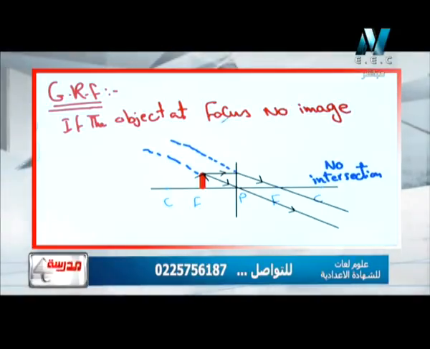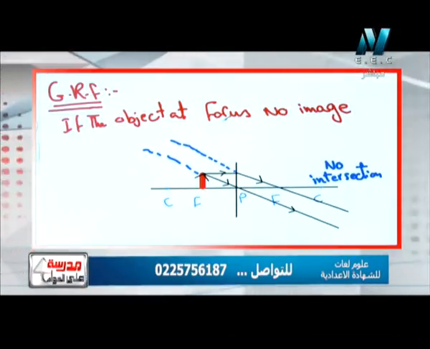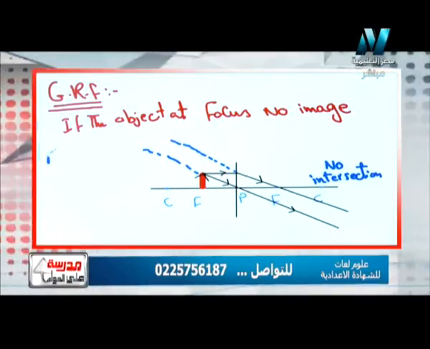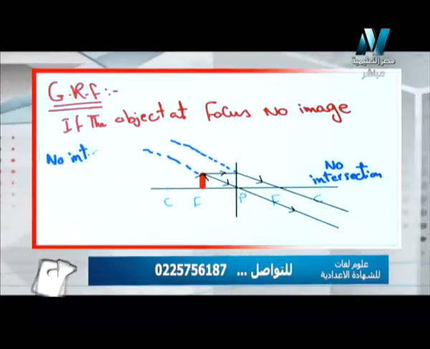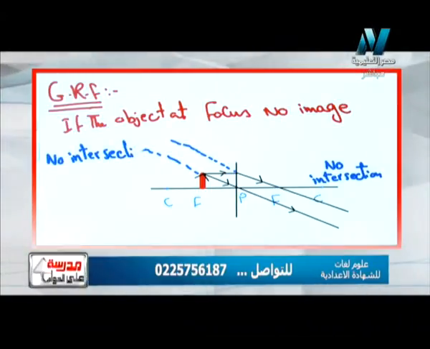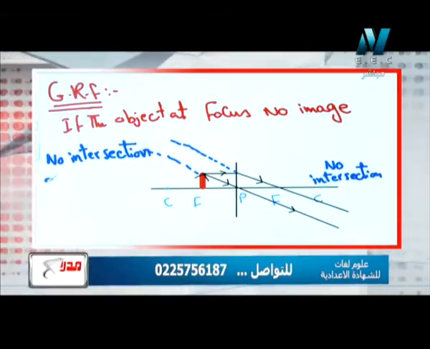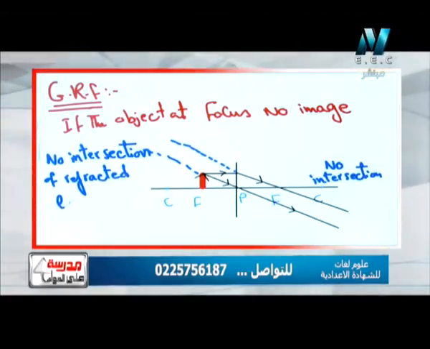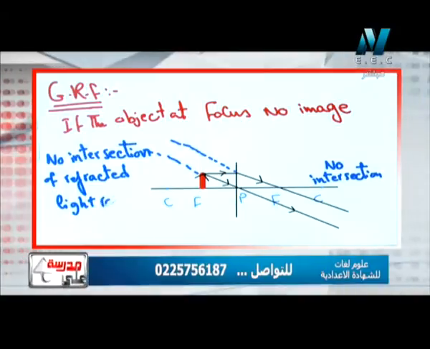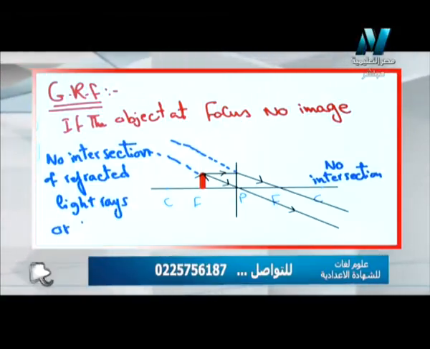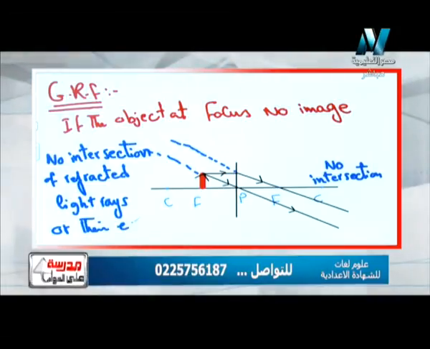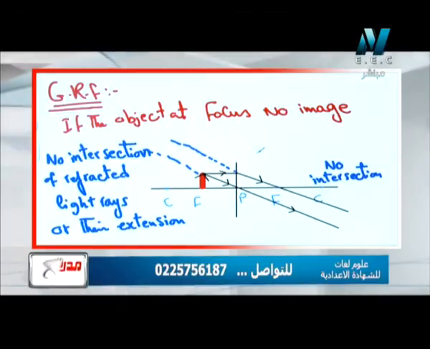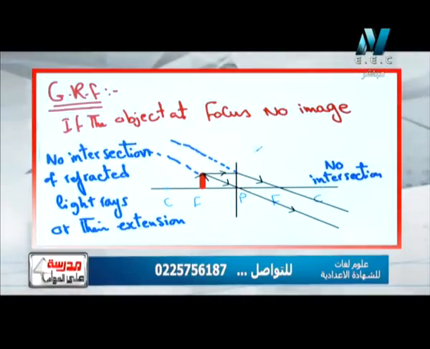So give the reason for no image if the object is at focus: because there is no intersection of refracted light rays or their extensions. So no image. I am in front of the lens, but we can't see anything.